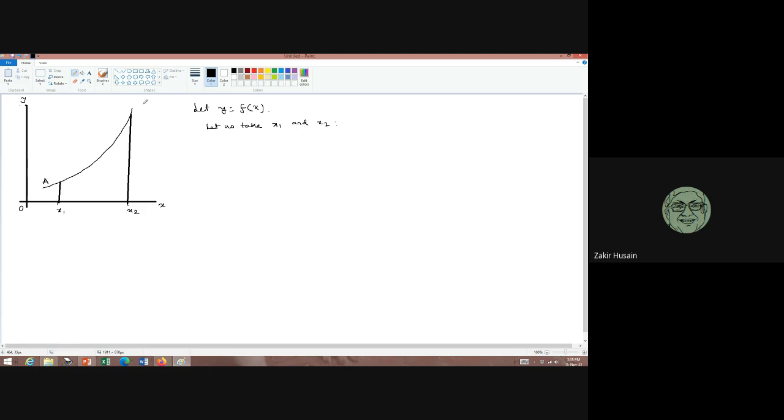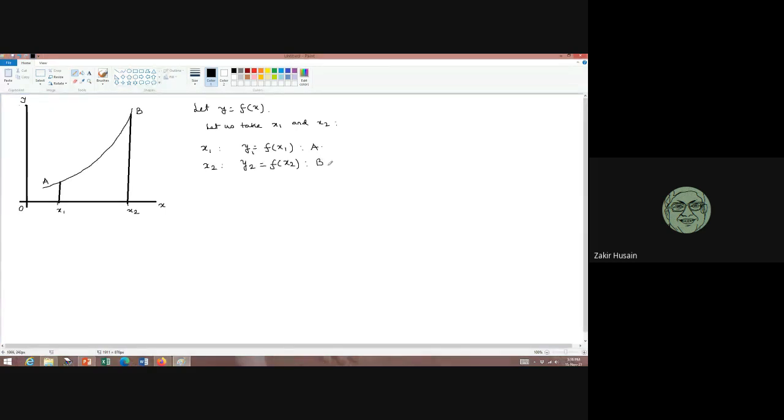Let us call these A and B. If we put x1 in the function, we get, let us say, y1, which is f of x1. This is denoted by point A. And if we use x2, then we get y2, which is f of x2.